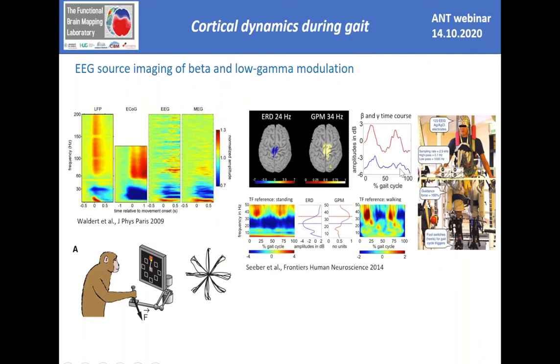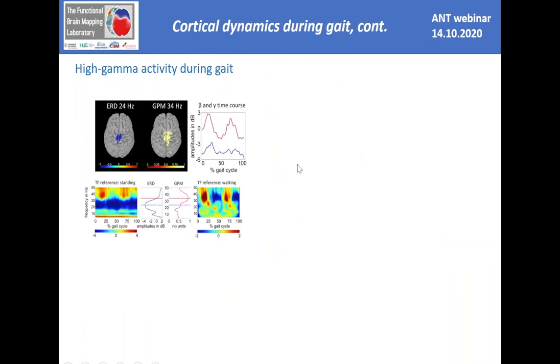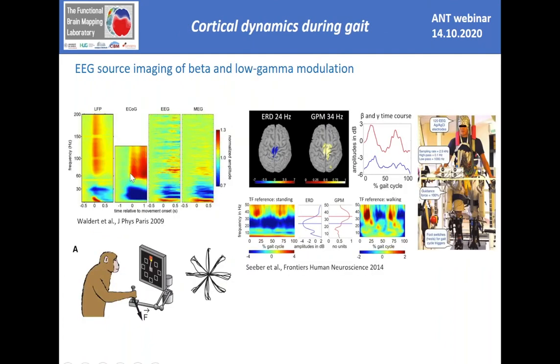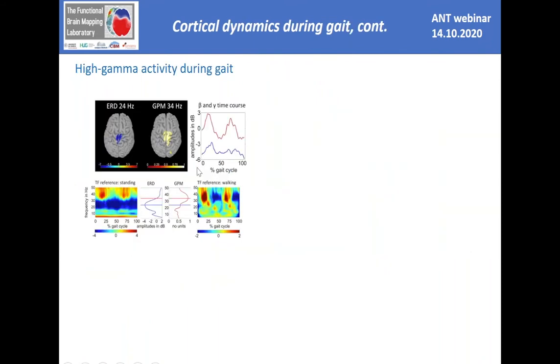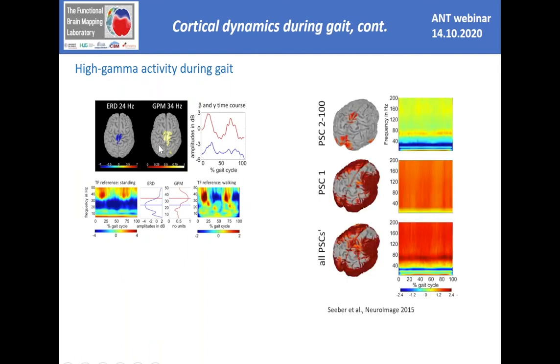And based on this observation, we moved further because we also wanted to investigate this high gamma activity, similar to these studies done before. So in this study, more sophisticated artifact reconstruction or correction was necessary.